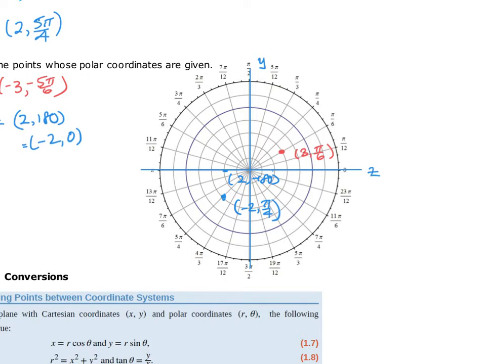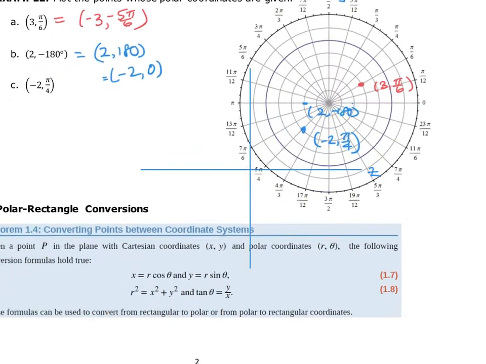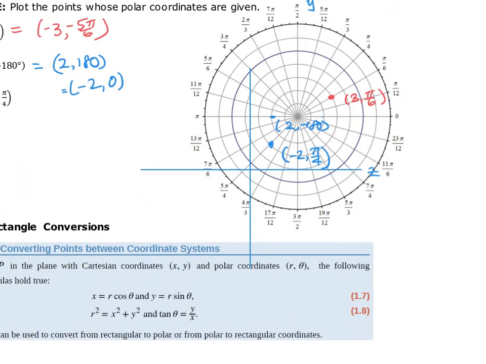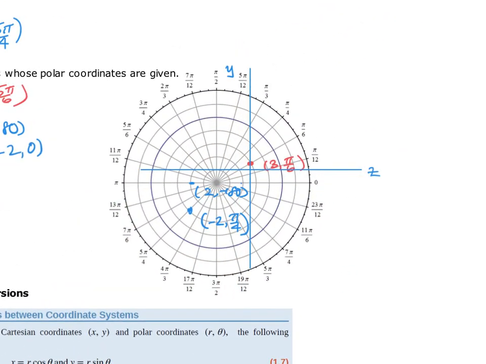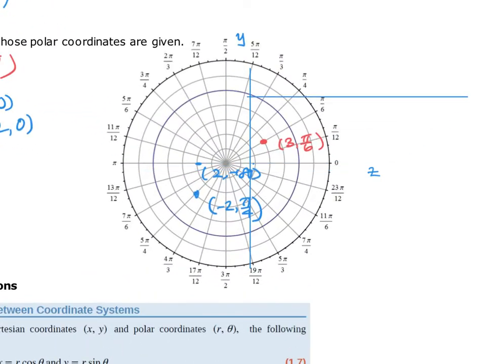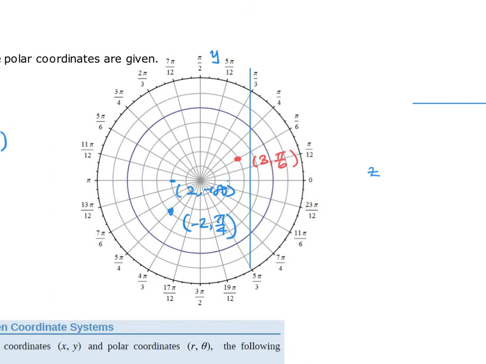So we have a relationship between polar equations and points and rectangular equations and points. The way that we get to those rectangular equations and points... I want that line to go with there, so I'll just move it over here.